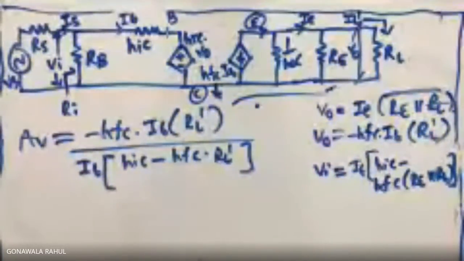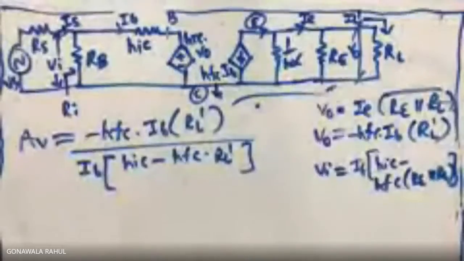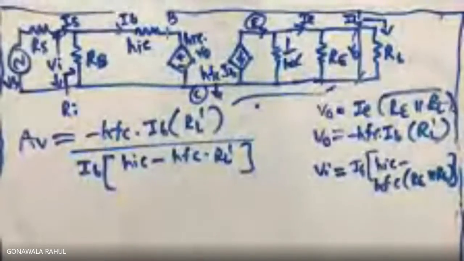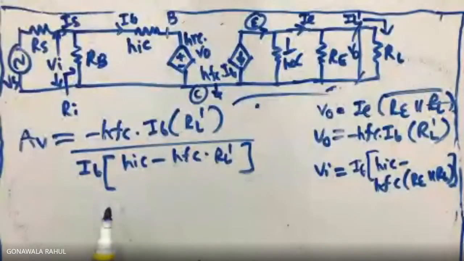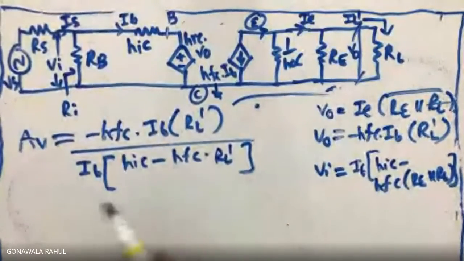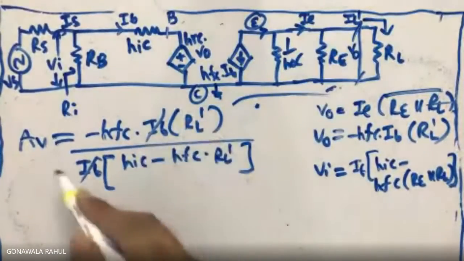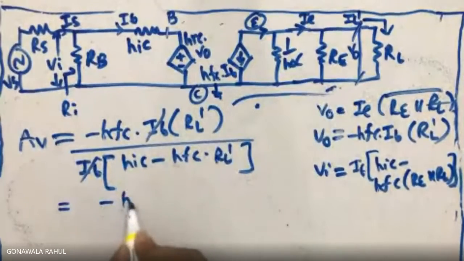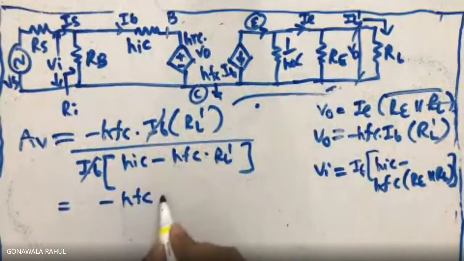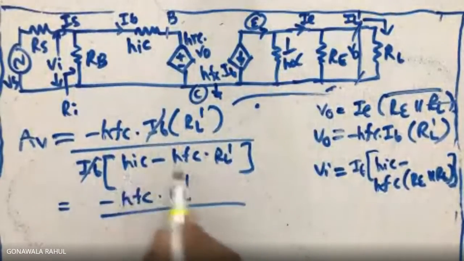Clear? Okay. We have HFC here and here also. Still more simplified: IB will get cancelled definitely. So we have the equation minus HFC into RL dash upon HIC.